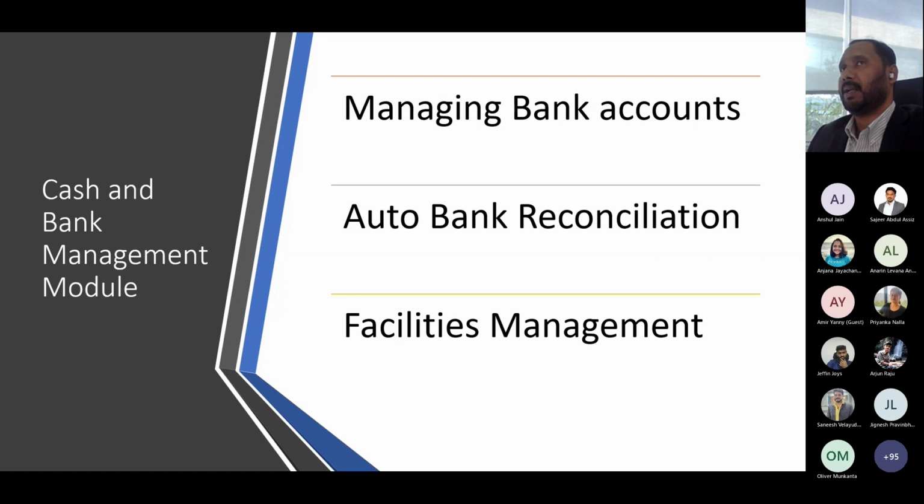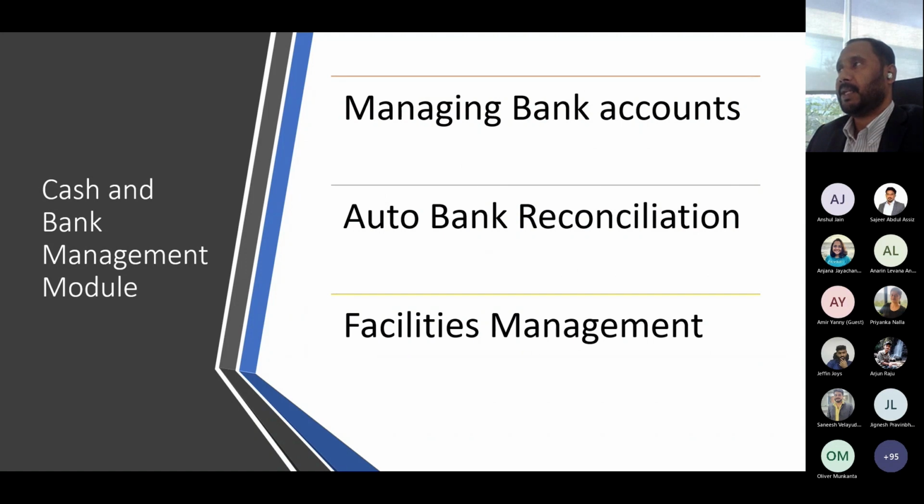Mainly in the GCC region, MT940 is the main document used for bank reconciliation. If you get this document from the bank, we can load it to the system. Then the system will read these transactions in MT940 format, compare them with the transactions available in the system, and do the reconciliation automatically.